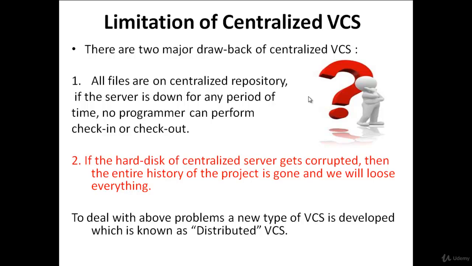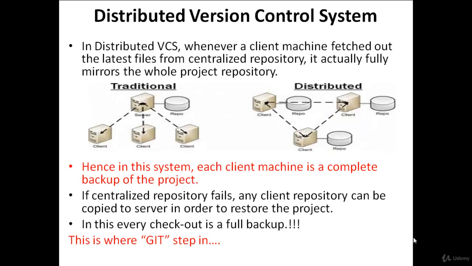So, due to these problems and situations, another system was invented to overcome the challenges of the centralized version control system, and that is the distributed version control system, and that is where Git and GitHub come into the picture.